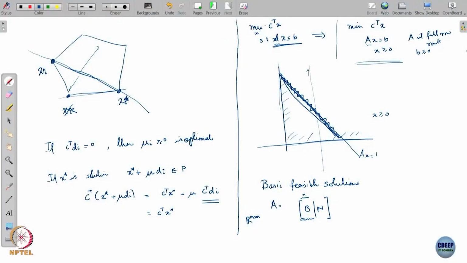Okay. And how many such columns can I add to B? m of them, right, because that is the rank of A. So, I will take B to have m columns.